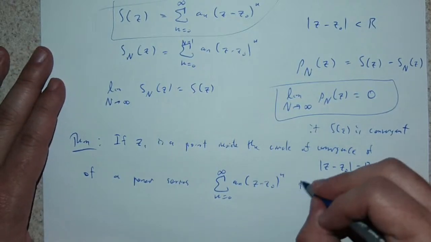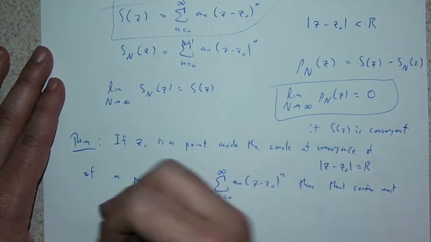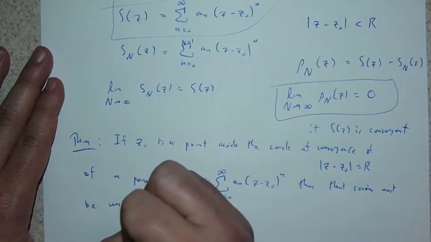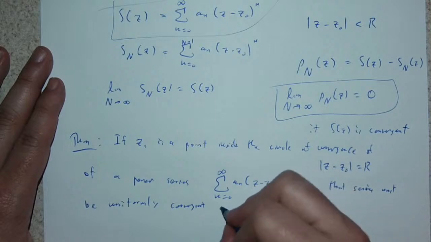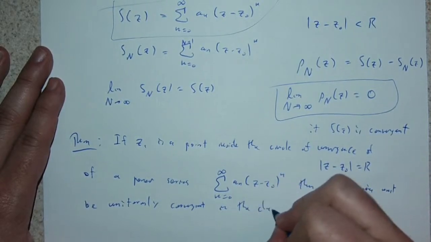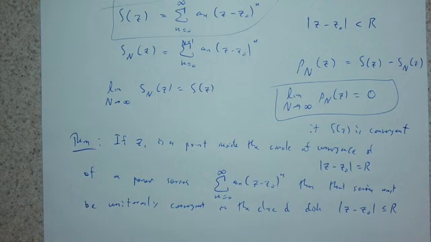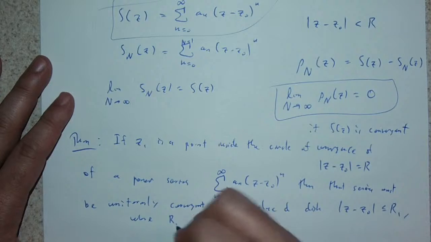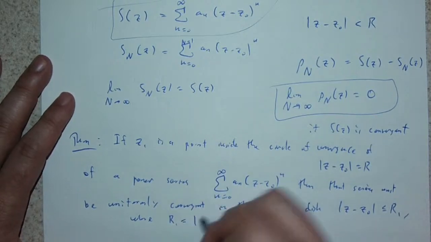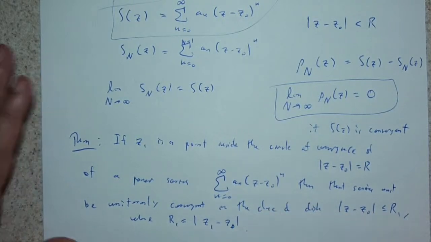Then that series must be uniformly convergent in the closed disk. So not just on the circle. In the closed disk, that is closed disk of radius r centered at z naught. Or sorry, of radius r sub 1, where r sub 1 is the distance between z sub 1 and z naught. So same kind of picture as last time.